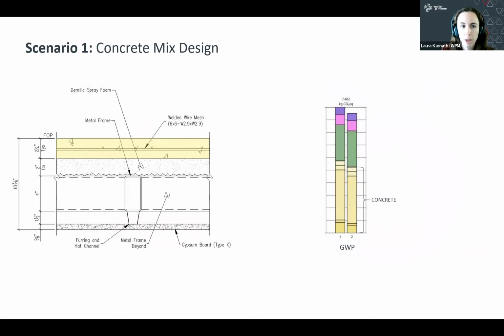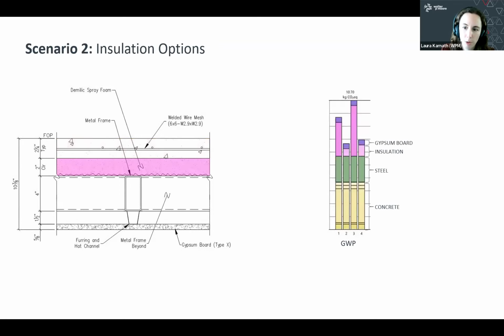So the first scenario or optimization we looked at was understanding what the impact would be of changing the concrete mix, or just using a slightly better concrete mix. We were able to get somewhere around a 5% reduction for the overall system just from using a better concrete mix. We also looked at the insulation options.